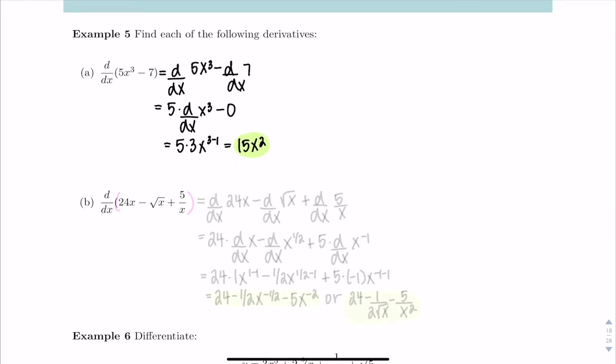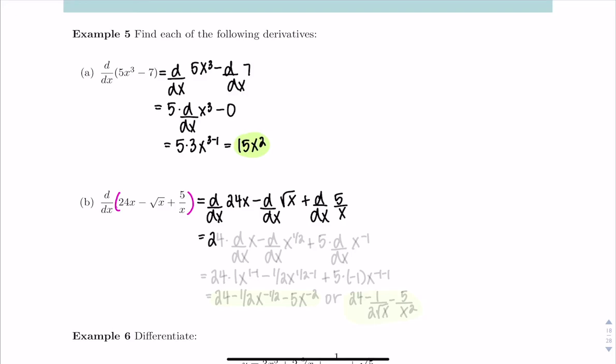Let's try another one. We're taking the derivative of 24x minus the square root of x plus 5 over x. So we're going to find the derivative of each piece. The derivative of 24x minus the derivative of the square root of x plus the derivative of 5 over x.